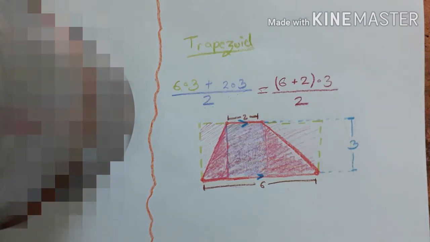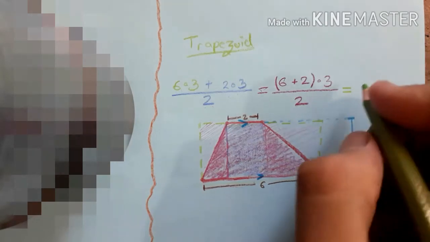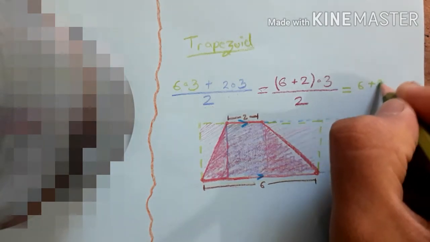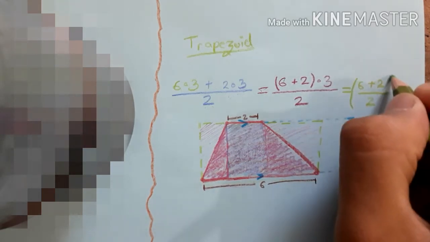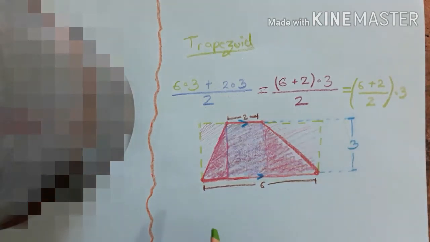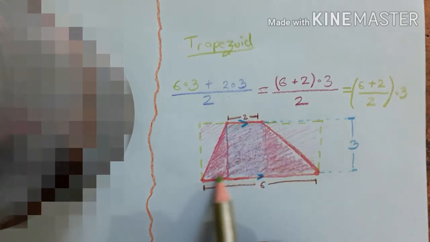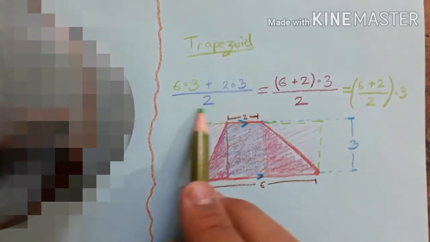We can even write it as (6 plus 2) over 2, all times 3. (6 plus 2) over 2 times 3 gives us the area of the trapezoid. These are the three different forms of the formula to find the area of a trapezoid.